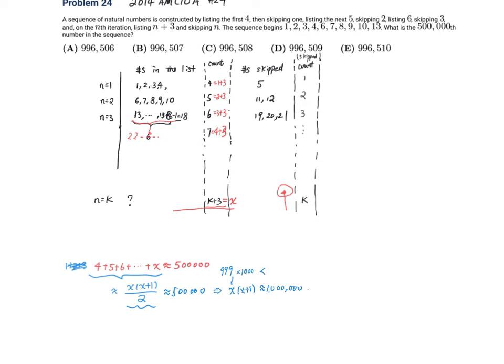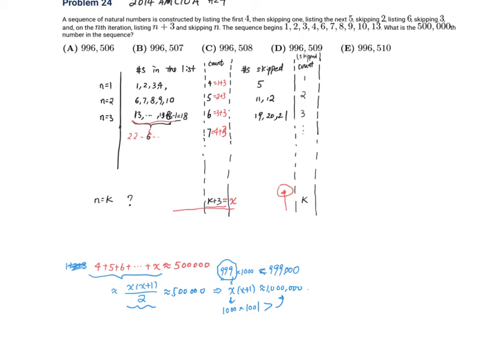And this is certainly less than a million, but it's fairly close. This is equal to 999,000. But if this is 1,000, one more, this will certainly be bigger than a million. So therefore, x has to be 999. With that, I'm going to say this is x right there.